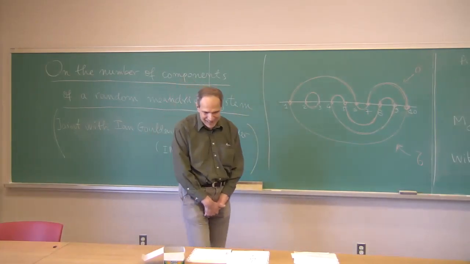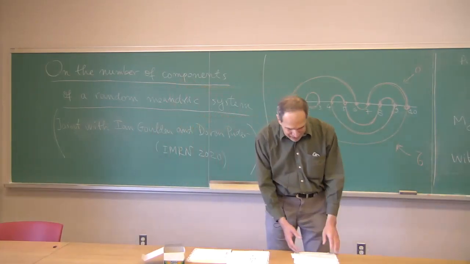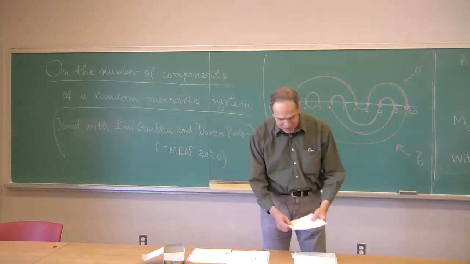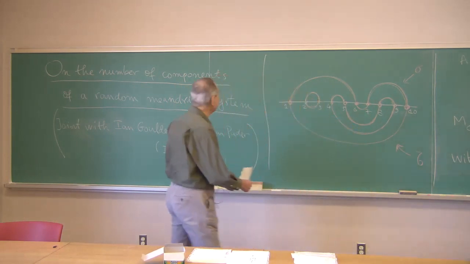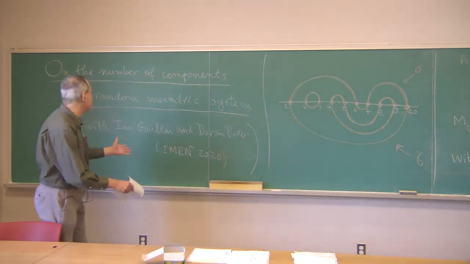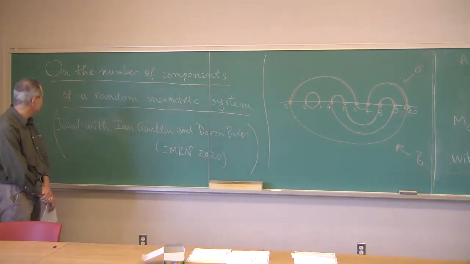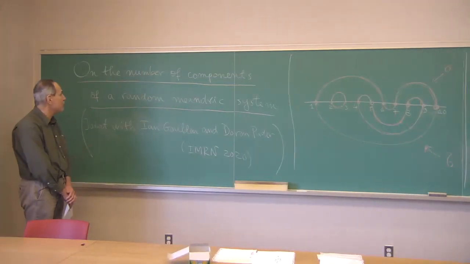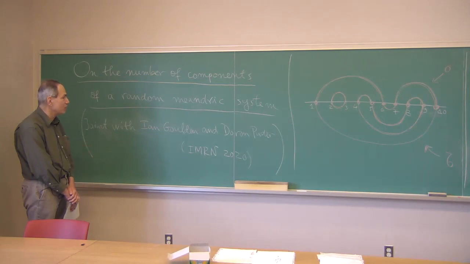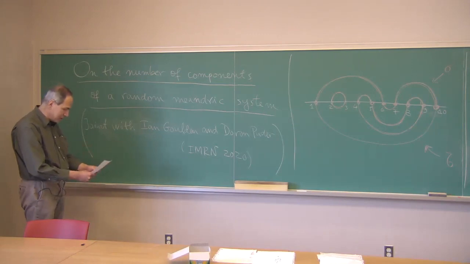So I apologize again for this, but I think actually this is a great topic, and well, it's not so new. It's joint work with Jan Gulden and Doron Puder, published a couple of years ago.